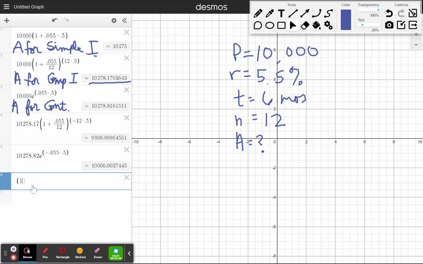So we have 1 plus R over N raised to the N power, and then we subtract 1 off of the end of that. So in effect, that would have been an effective rate of interest of 6%.